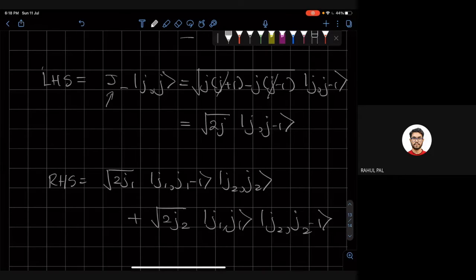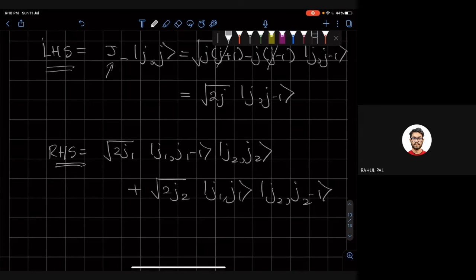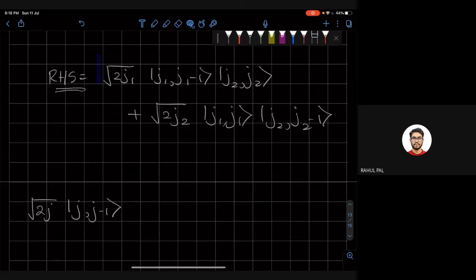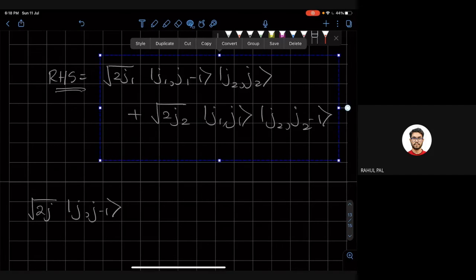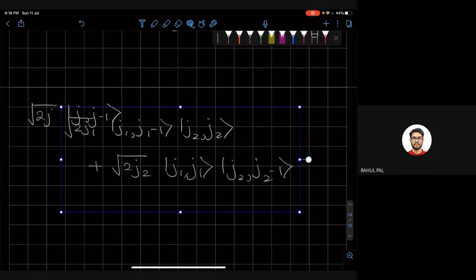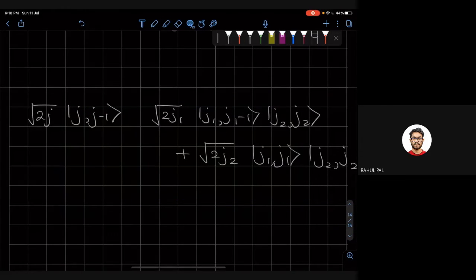If there are no questions, then we can equate the left-hand side to the right-hand side. The left-hand side is this thing, and the right-hand side is this thing, and there's an equality between them.